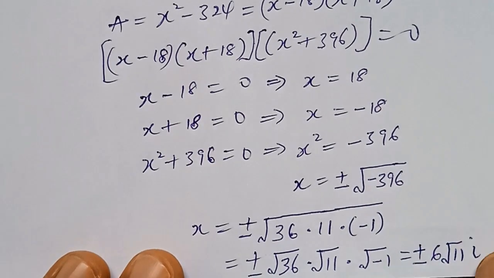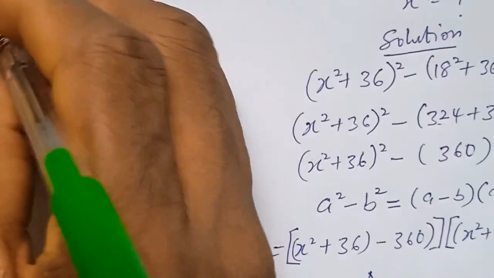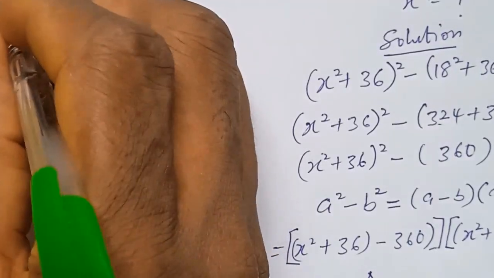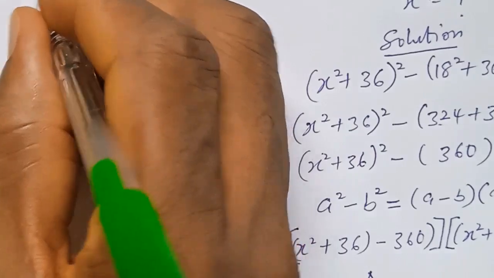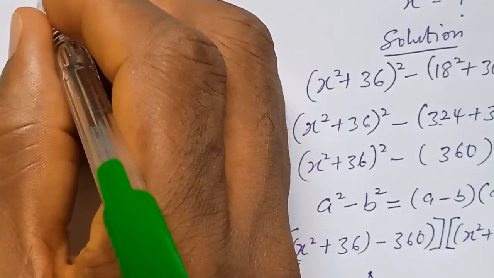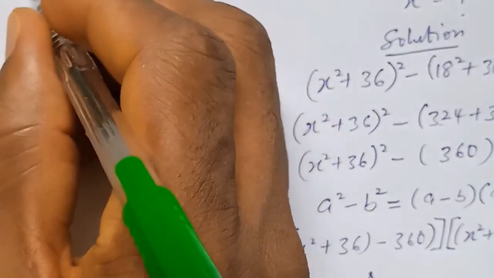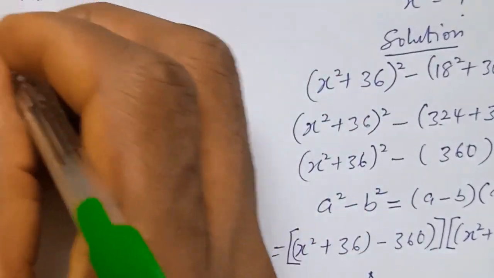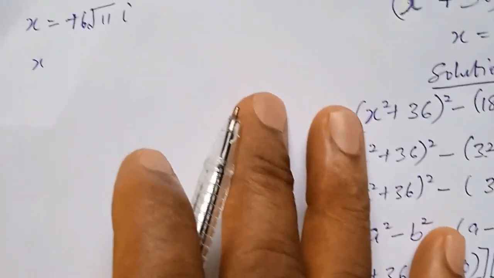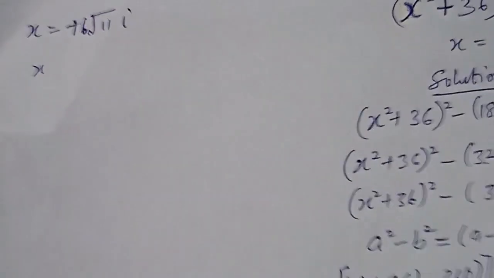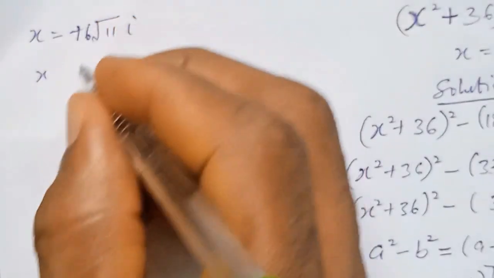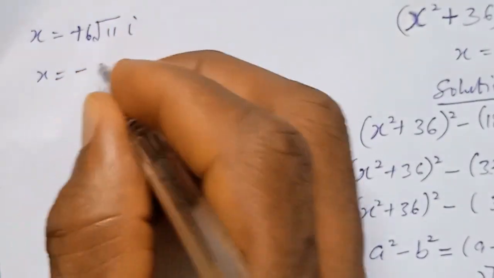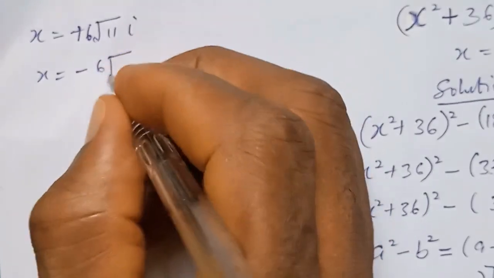So this implies that x will be equal to plus 6 square root of 11 i, and x will also be given as minus 6 square root of 11 i.